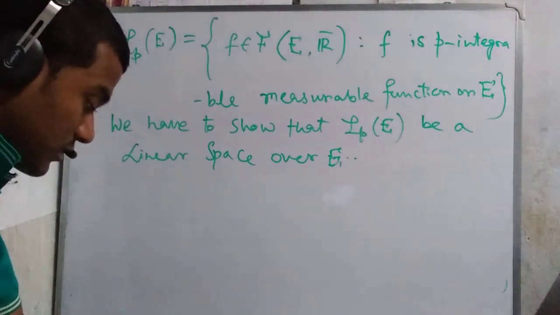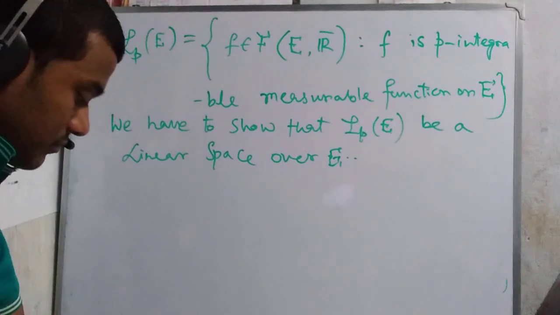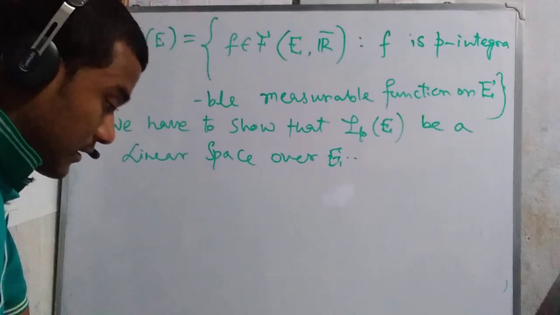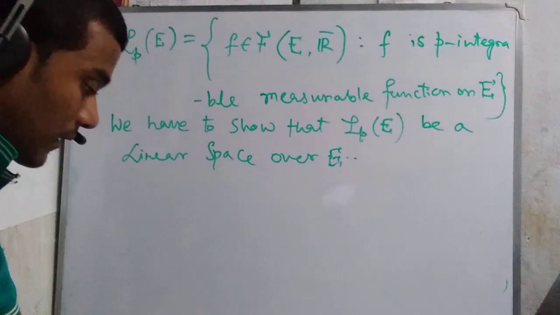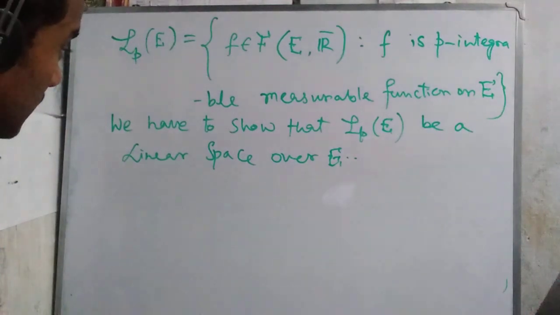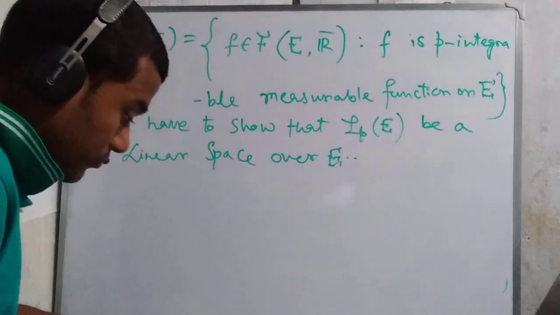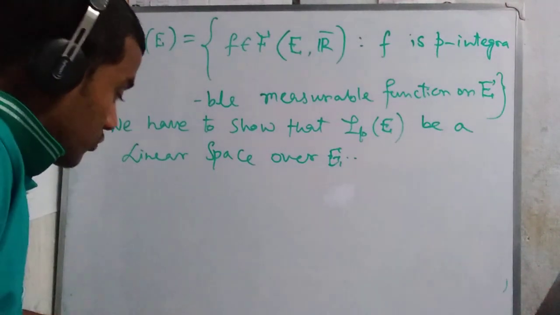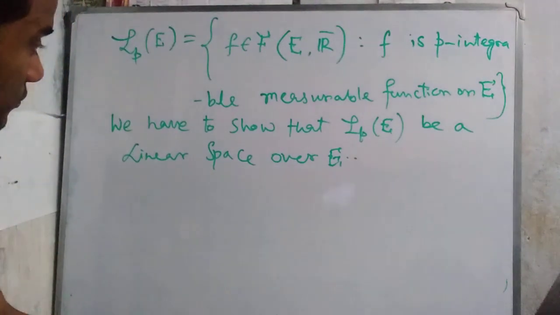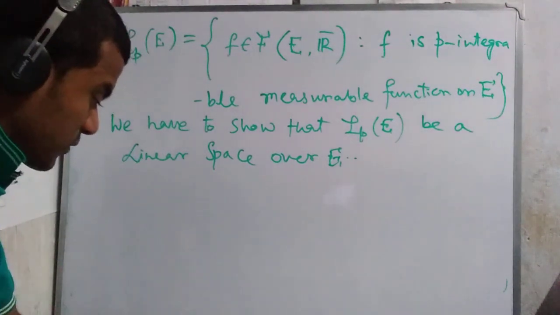If the norm property does not hold, then this becomes a semi-norm function, that means a semi-norm function space. So how do we develop this? We write it in this way.